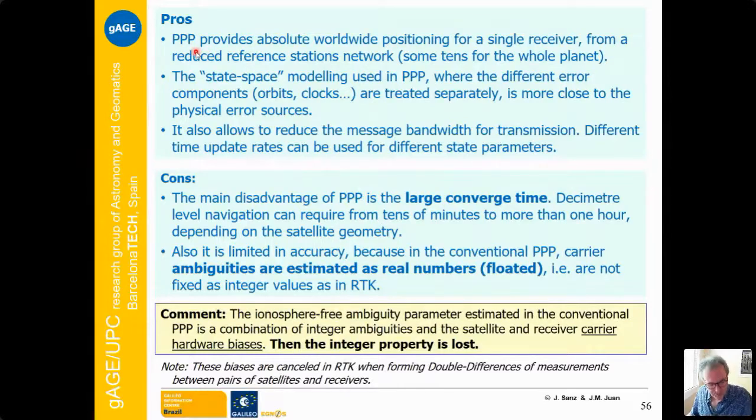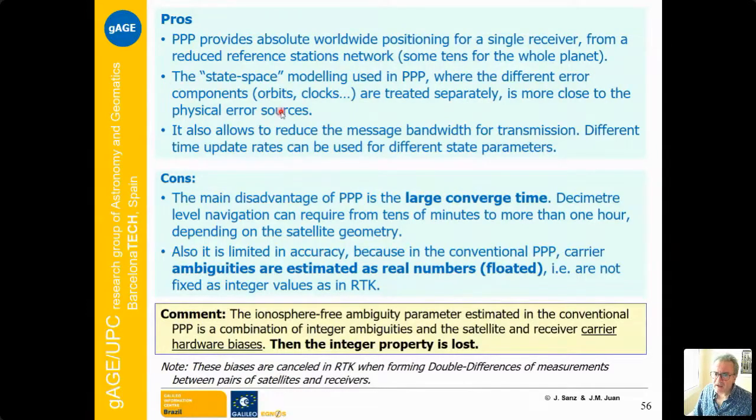Well, what is positive in PPP is that it is worldwide. There is no limitation in the user location worldwide. There is no limitation in baseline. And only a reduced number of reference stations is needed. For the whole planet, some tens of reference stations can be used.